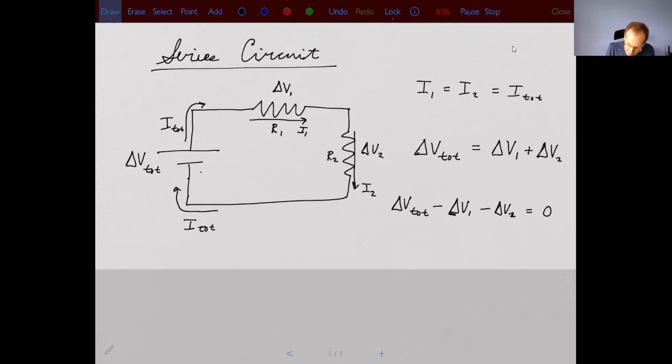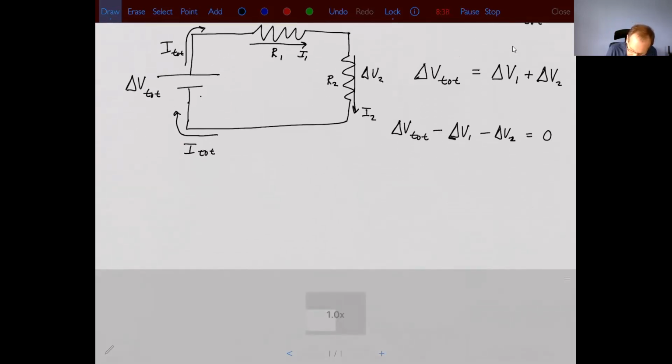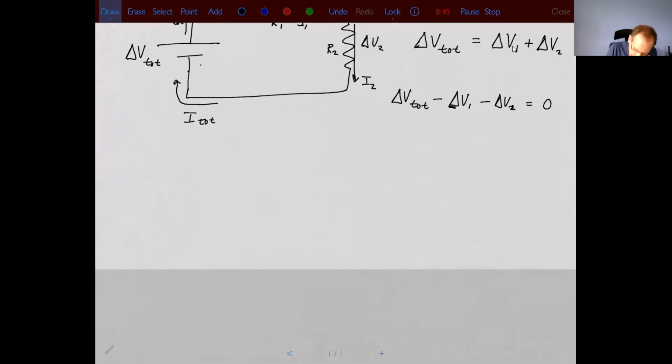Well, for a series circuit, to get a single resistor, R total, I simply add their two resistance values together. So R total is going to be R1 plus R2.